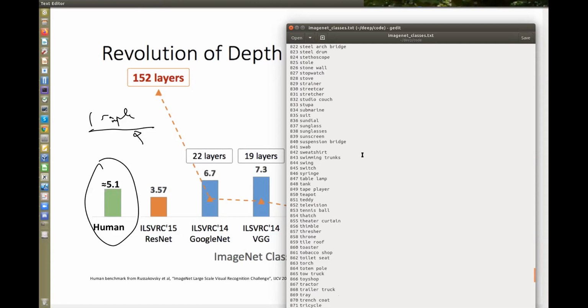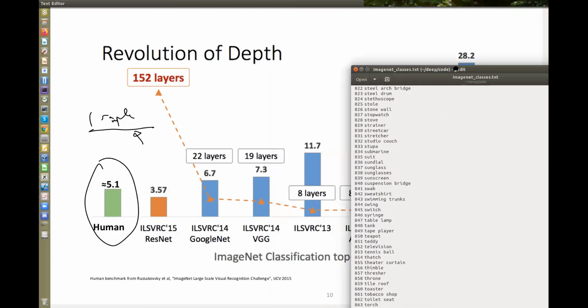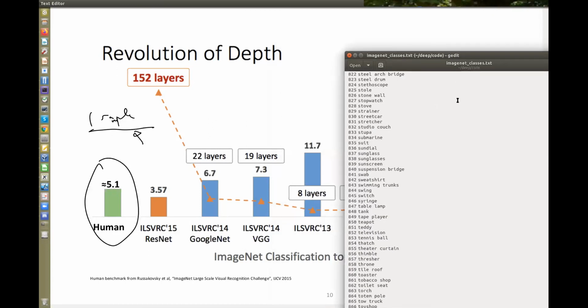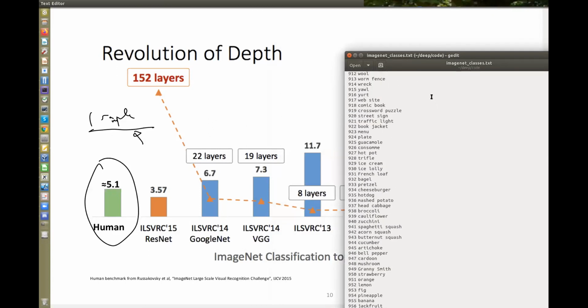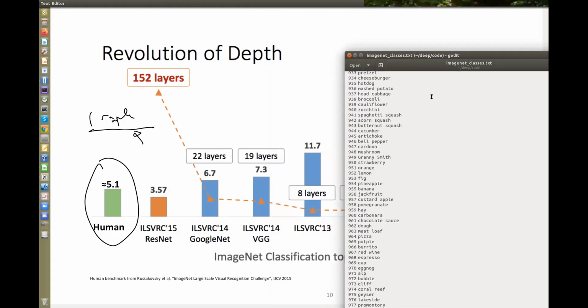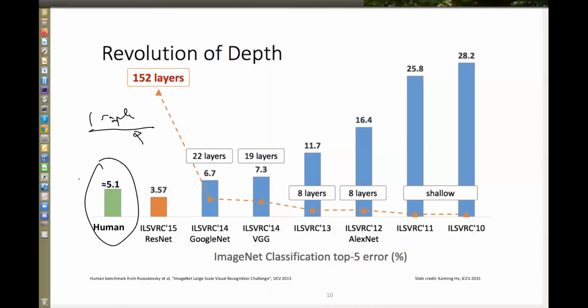So he categorized them together first, and then looked at the image and decided, oh, this is a cat. Then he went through the cat list and saw which one looks like the correct cat. But even for him, the top five error was only 5%.